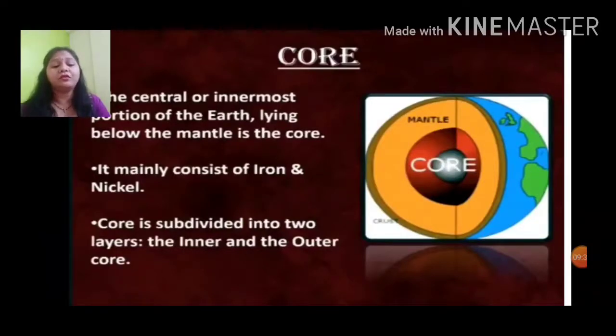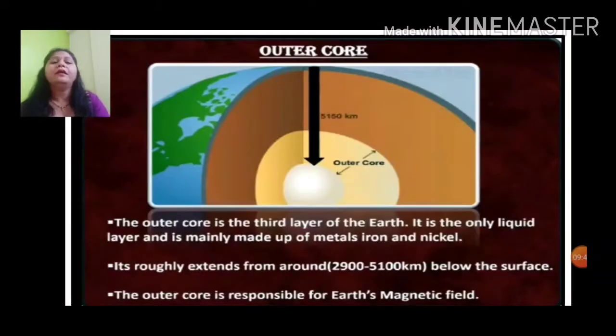The thickness of the core is around 3471 kilometers, and it can be divided into two divisions, the inner core and the outer core. Now let us see the first one, the outer core.